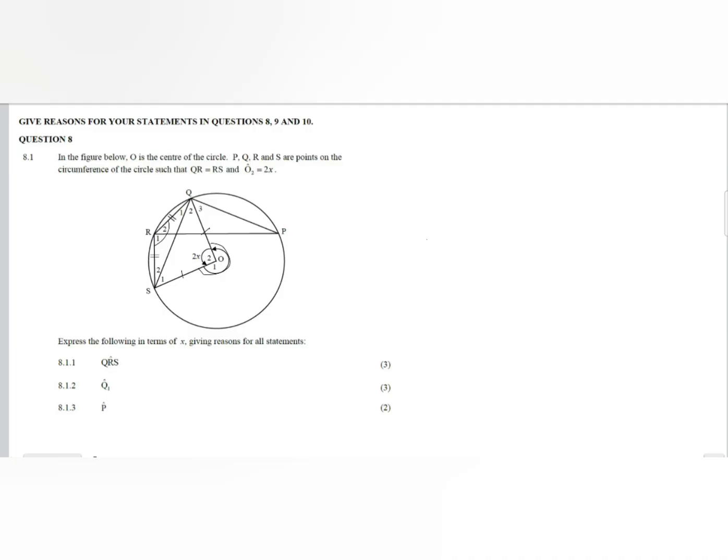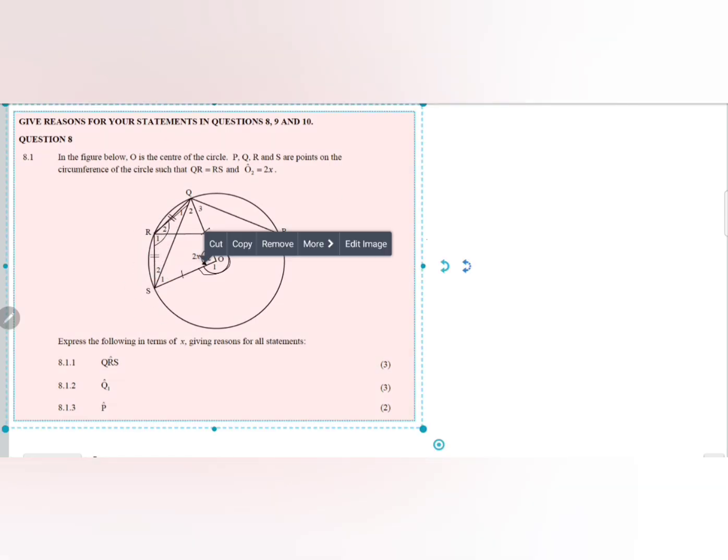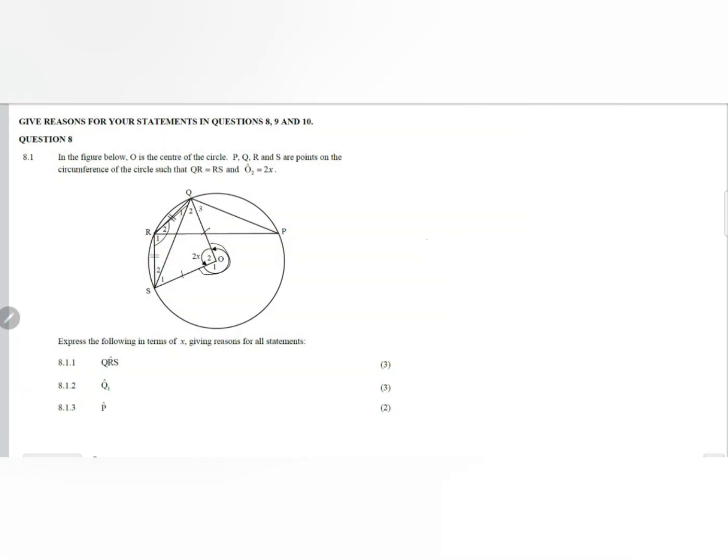Since these two sides are equal, these two angles are also equal, that is angle Q1 equals angle S2. Guys, did you see that S2 and P are also equal, because both of them are in the same segment, or subtended by the same chord RQ?